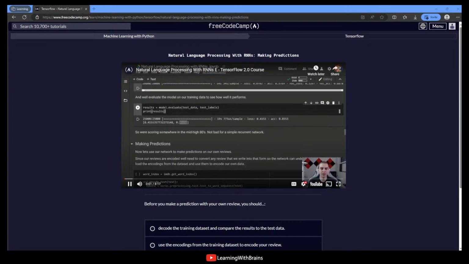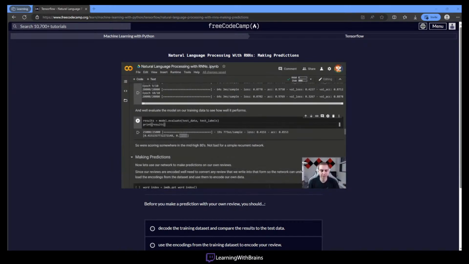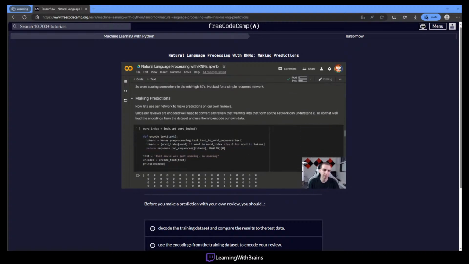Okay, so that's what we're getting. The model's been trained. Again, it's not too complicated, and now we're on to making predictions.